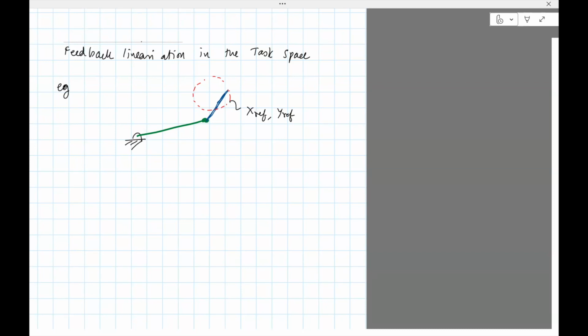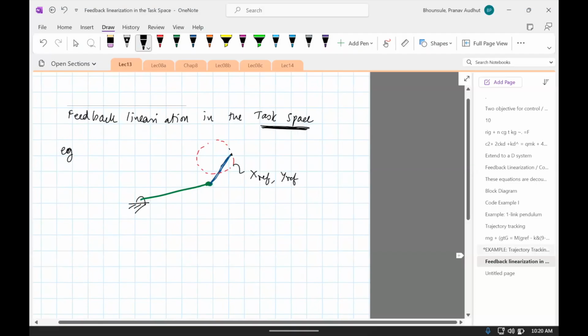You want the end effector, the tip of the second link, on which you might have attached a pen, to follow a trajectory like, say, a circle. This is called task space because doing things in that space, that is picking up objects, is typically a task. This is in contrast to what we had earlier, which was called joint space.